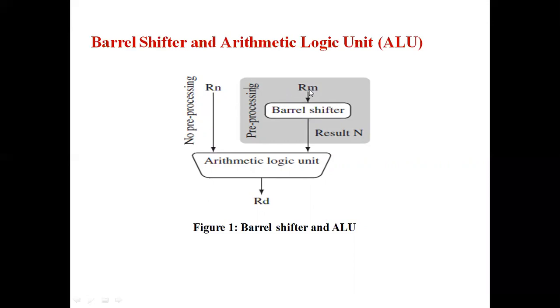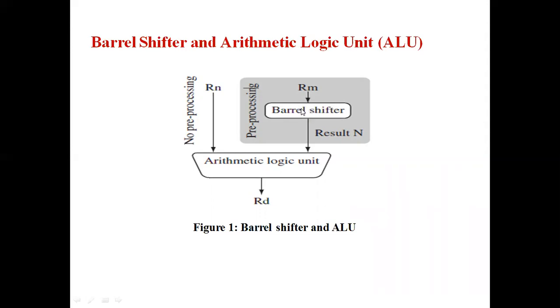Here Rm is the register that is given as input to the barrel shifter. The barrel shifter can perform two types of operations: logical shift left or logical shift right.